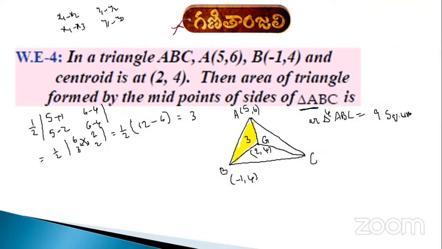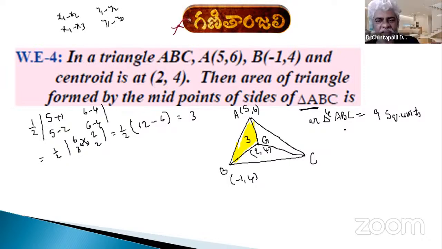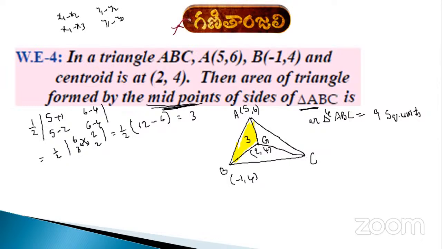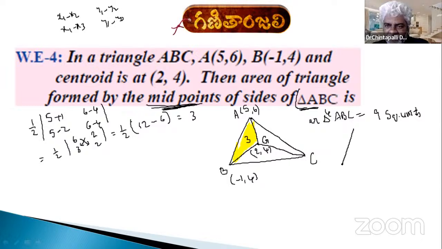But in this question, the area of triangle ABC is not asked. What is asked is the area of the triangle formed by the midpoints of triangle ABC. Don't be confused. The answer is not 9 square units, right? Actually, what is asked in the same triangle ABC?